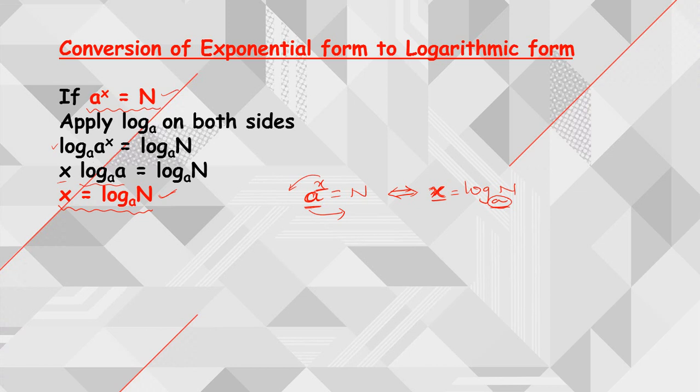We have already learned in previous classes that whenever you transpose a positive quantity, it becomes negative; a negative quantity becomes positive; multiplication becomes division, and division becomes multiplication. In the same way here, whenever you have exponential form and you transpose, it becomes logarithmic form, right? So this is about how to convert exponential form into logarithmic form.